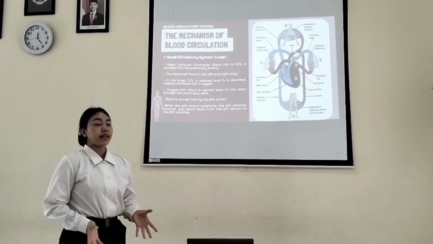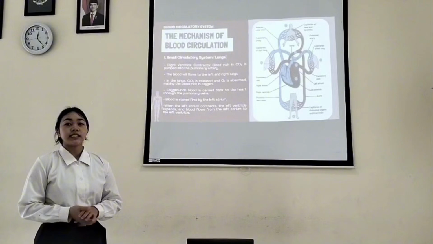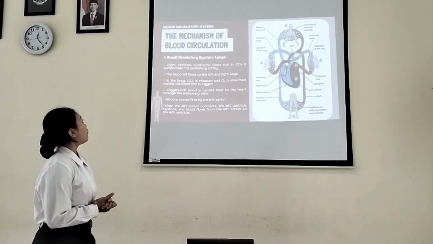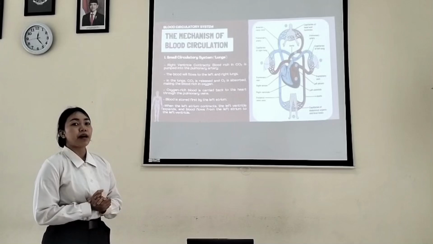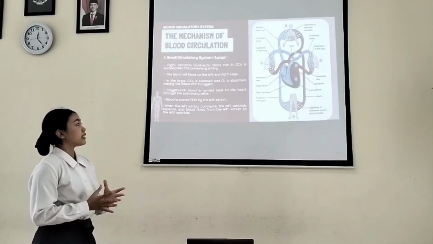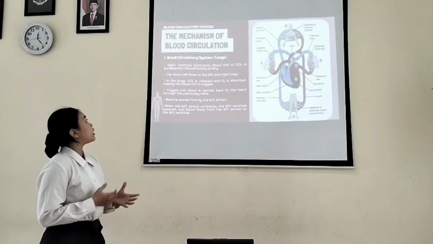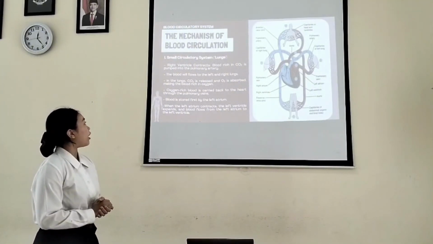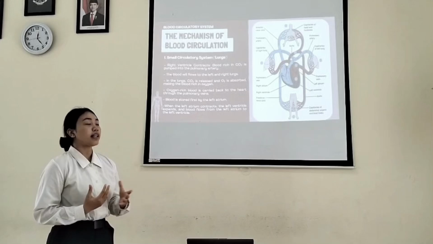And the last topic from the blood circulation system is the mechanism of blood circulation of the small circulatory system, by the lungs. When the right ventricle contracts, blood rich in carbon dioxide is pumped into the pulmonary artery, and then the blood will flow to the left and the right lungs.